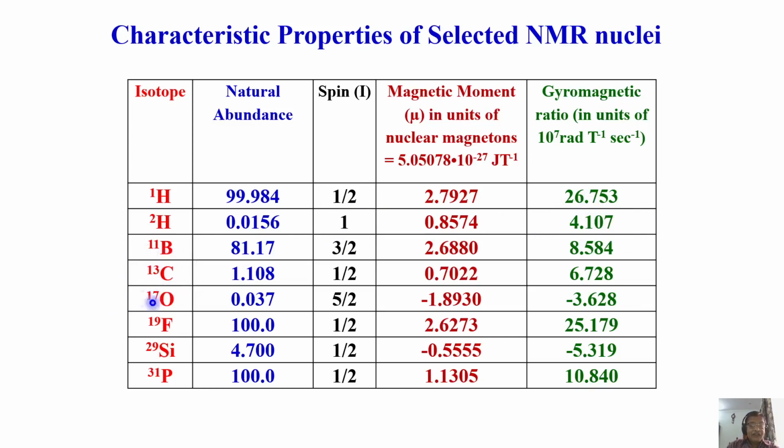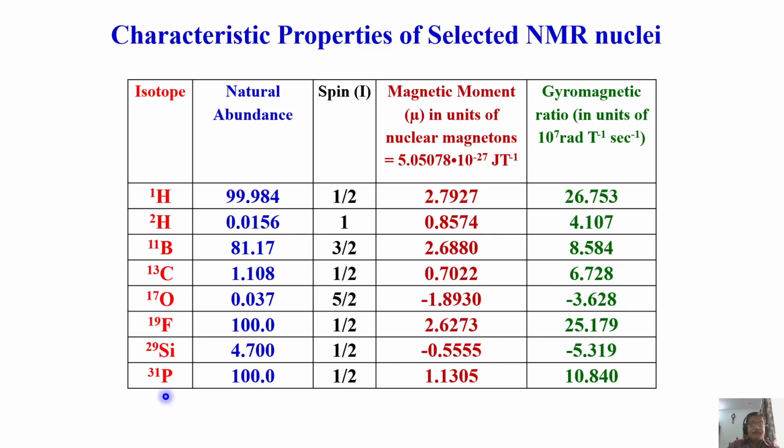This is another nucleus which is extensively studied by chemists and biologists. Apart from proton, carbon and nitrogen are very favorable nuclei for us. Look at the natural abundance of carbon, 1.108. Again, spin is half, but gamma is nearly four times smaller than that of proton.